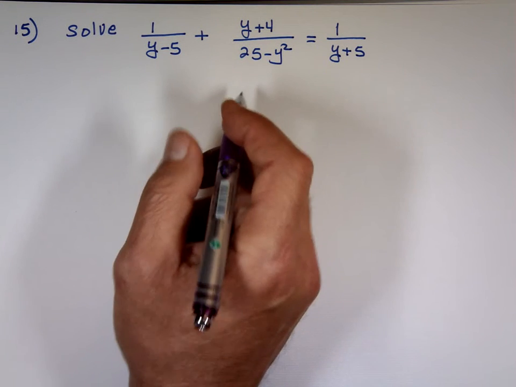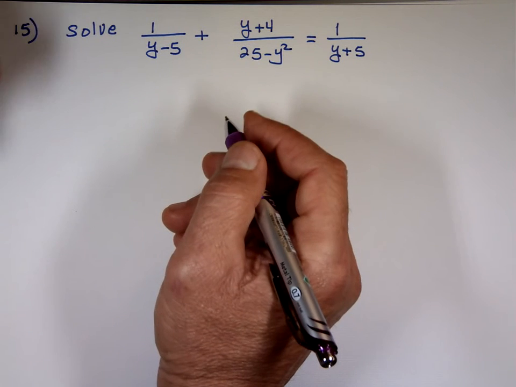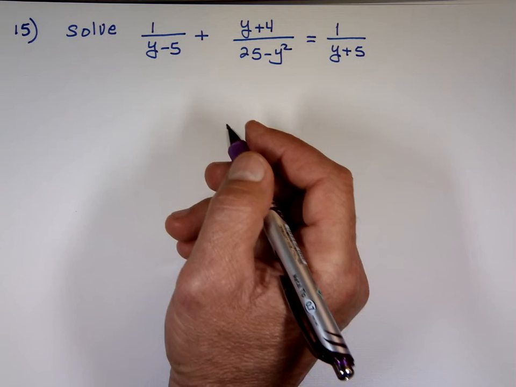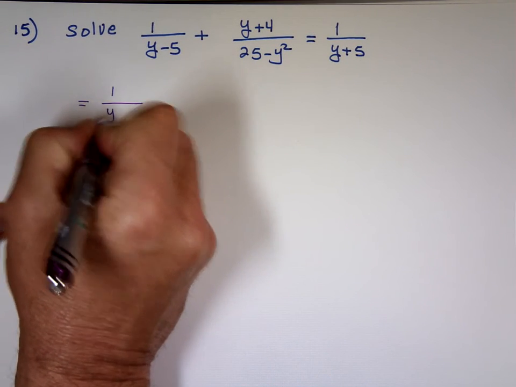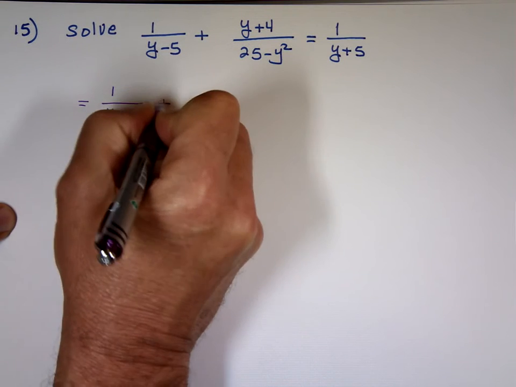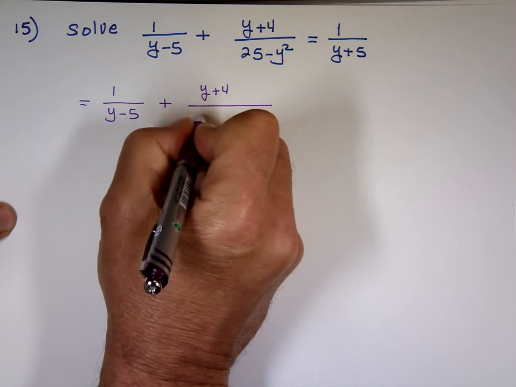Again, let's factor. This will be 5 minus y, 5 plus y.